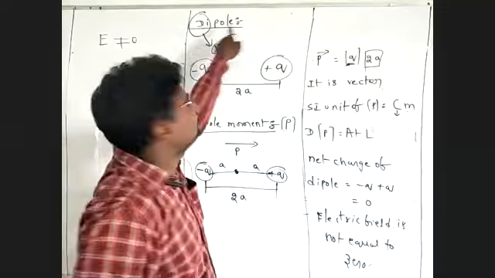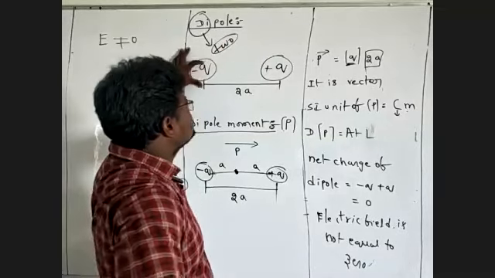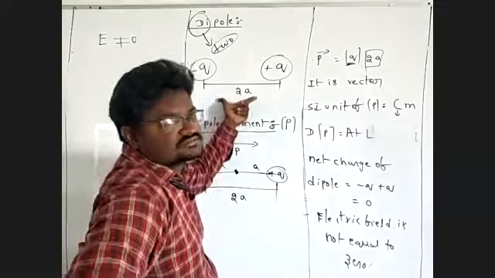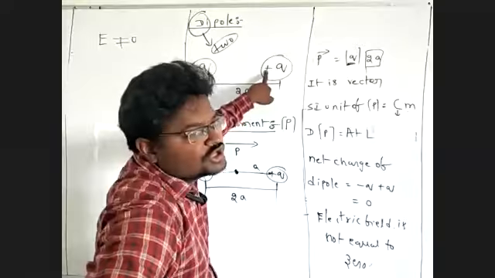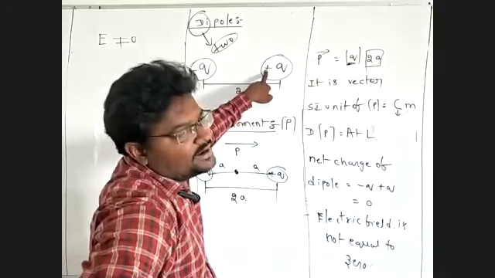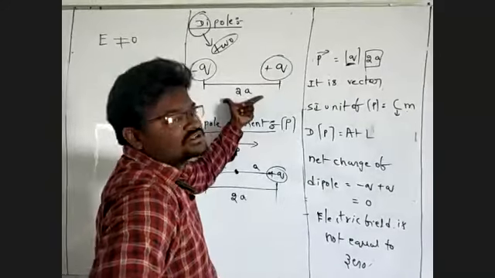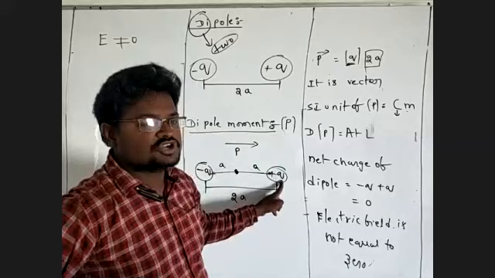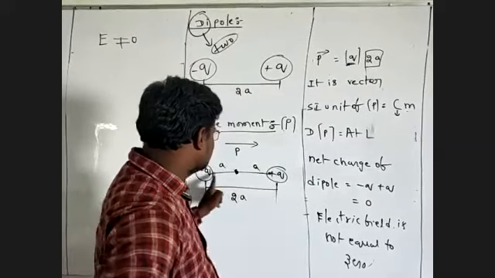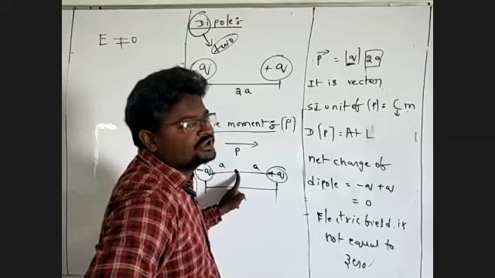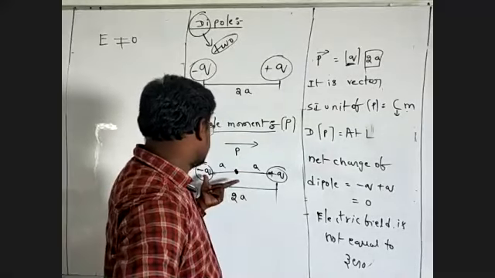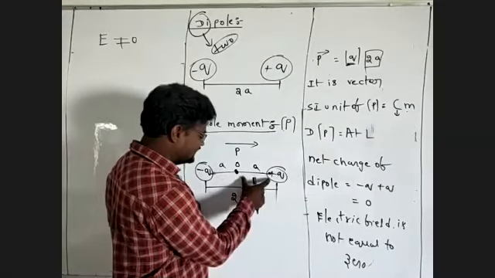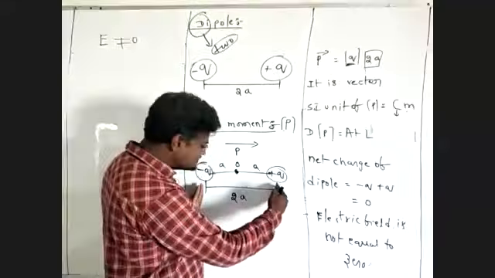Now, dipole means two poles: a negative charge and a positive charge. Equal and opposite charges separated by a small distance are called a dipole. This line is the center of the dipole, and from this point to each charge is a, so the distance between the two charges is 2a.